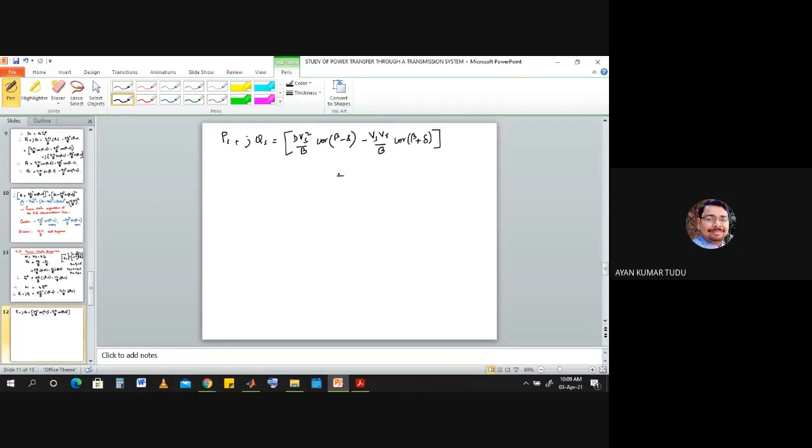And here we will be finding dVs square by B sine of beta minus delta minus Vs VR by B sine of beta plus delta. Understood? Again we'll be going in the same way, separating the real and imaginary terms, I'm not writing it. I hope you can understand. Separating the real and imaginary terms and again solving it.